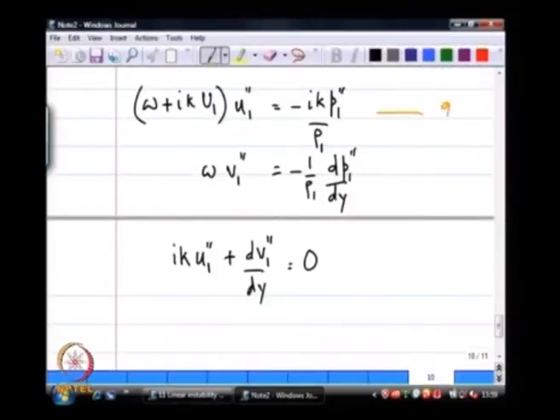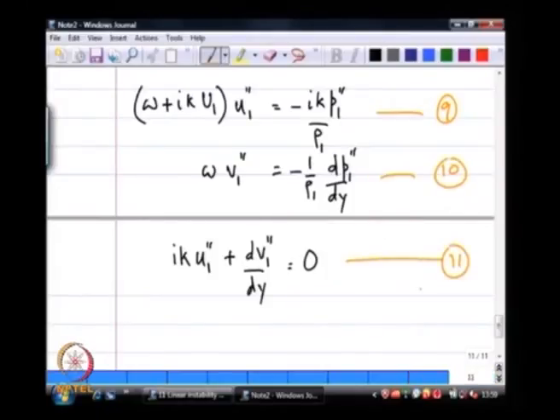So, where we had partial differential equations, we have now converted them to ordinary differential equations in y. Okay, I will number these 9, 10 and 11. 9 is simply an algebraic equation whereas 10 and 11 have differential quantities in them. Okay, we will start from here and complete this analysis in the next class.